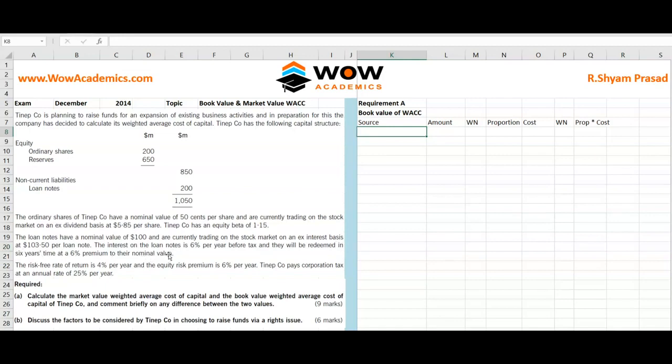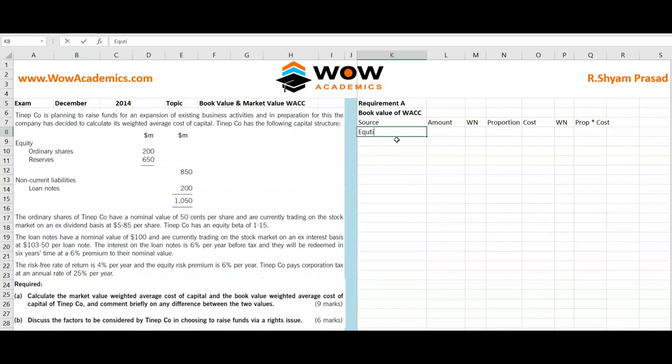The interest on the loan note is 6% before tax, and they will be redeemed in 6 years' time at a 6% premium to their nominal value. So it is a redeemable bond. The risk-free rate of return is 4%, and the equity risk premium is 6%. TCO pays corporation tax at an annual rate of 25% per year. So that's the information here.